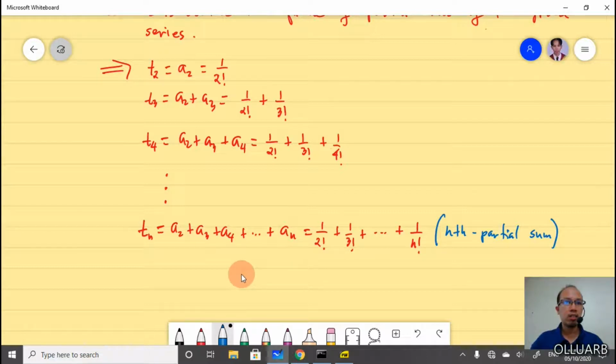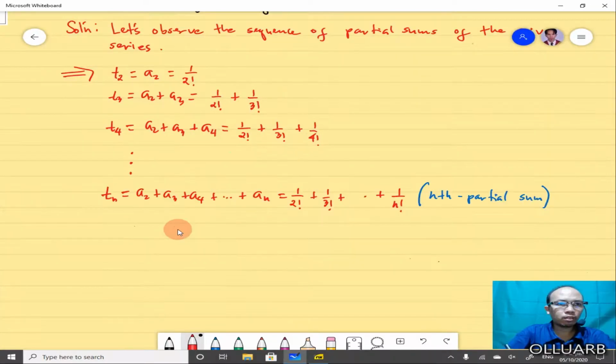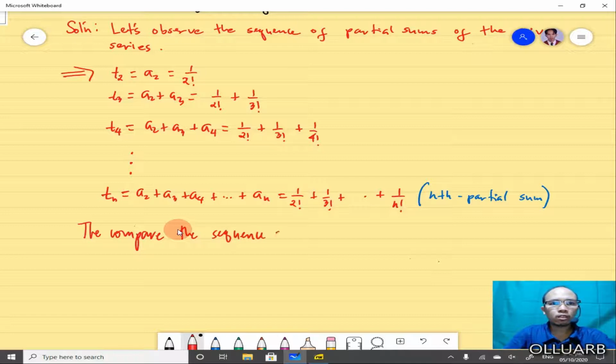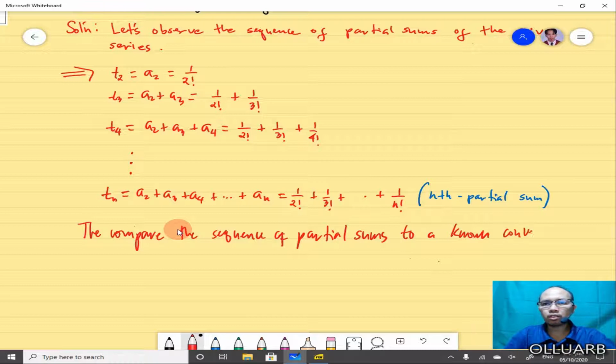Then compare the sequence of partial sums to a known convergent series.